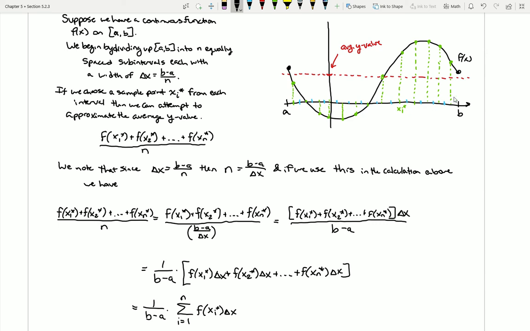So instead of 10 intervals, what if I had 10 million intervals? Then I would have 10 million of the y values on the graph. And while that's still not all of them, it's a heck of a lot better than only using 10. So I could see here that as the value of n continues to increase, my average is going to be incorporating more and more points, getting me closer to the actual average.